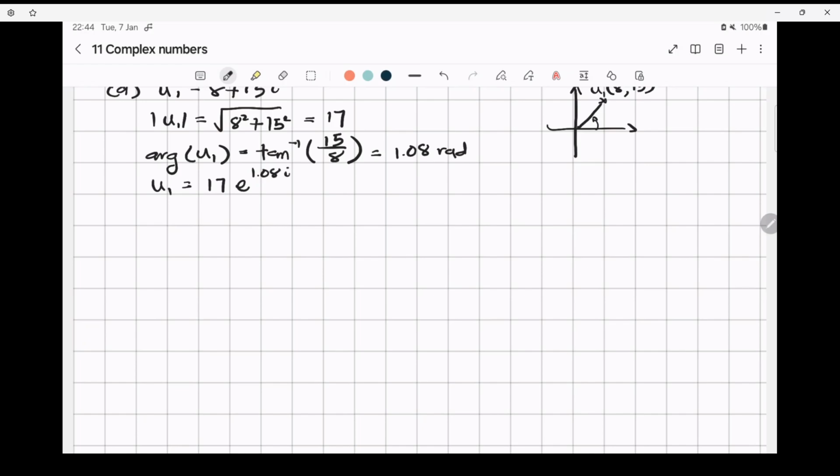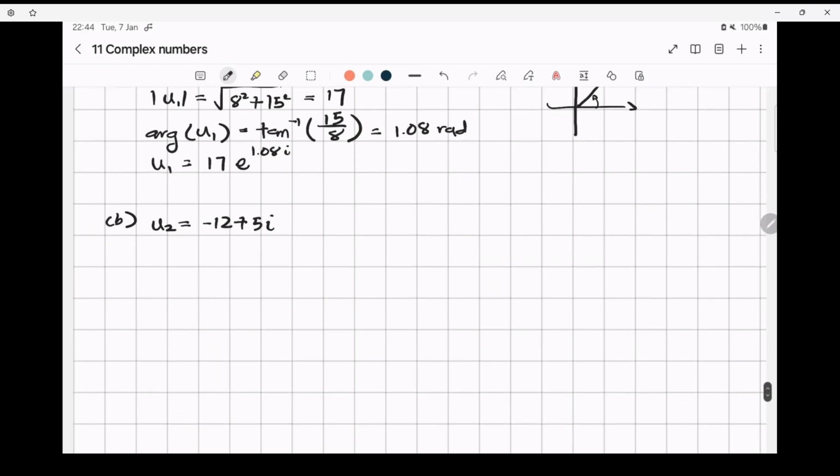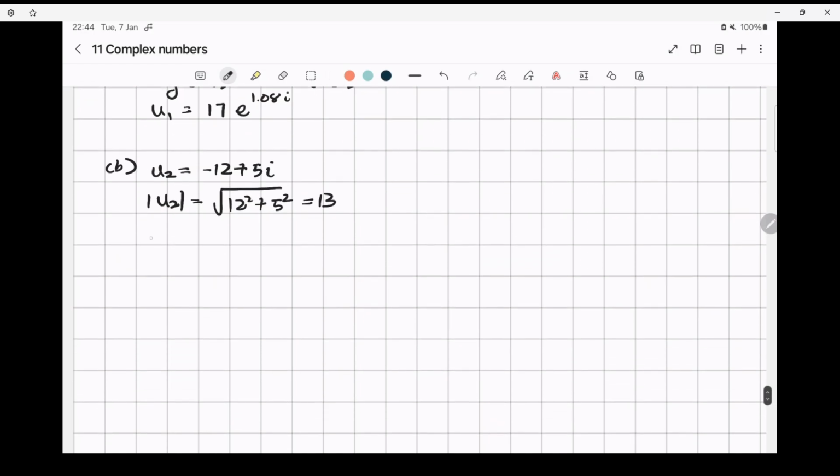So that will be your U1. So let's continue with U2, which is minus 12 plus 5i. The modulus of U2 will be the square root of 12 squared plus 5 squared, which is 13. The argument of U2 will be the inverse tangent of 5 over 12.